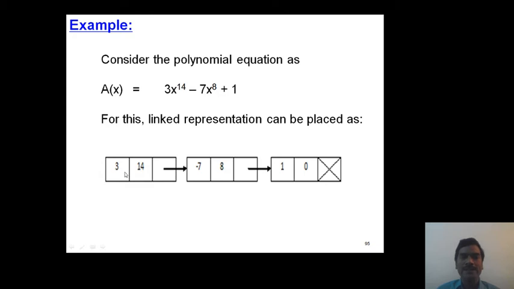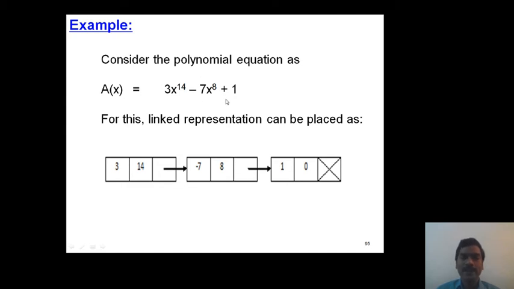Each node consists of these 3 fields: coefficient, exponent and link field. So for the first element, coefficient value is 3, exponent value is 14. Now we form a link from first node to next node.